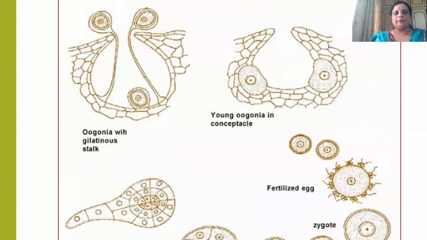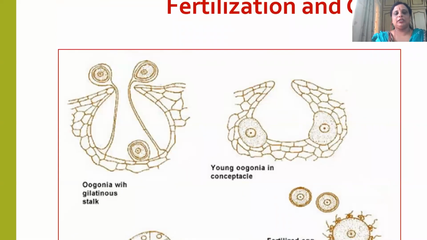So once again, I will repeat, during the process of fertilization, once the oogonium is ready to undergo fertilization, once it gets exposed outside the ostiole, at the same time anthrozoids from the antheridium would have developed.